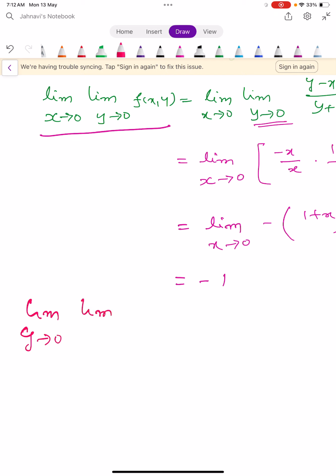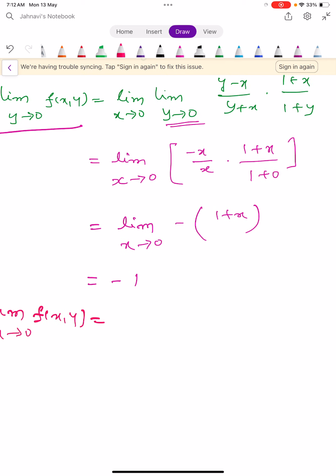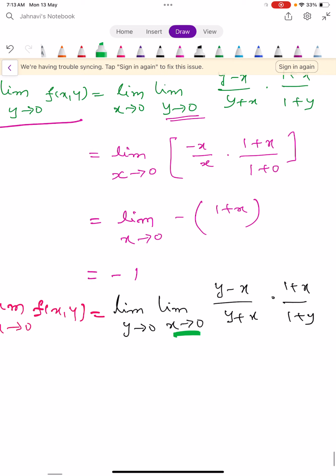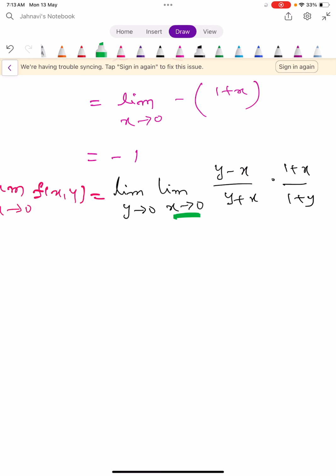Now we are going to calculate the limit by changing the order. Limit y tends to 0, limit x tends to 0, f of x comma y. The function is given by (y minus x) by (y plus x) into (1 plus x) by (1 plus y). First, we apply limit x tends to 0.